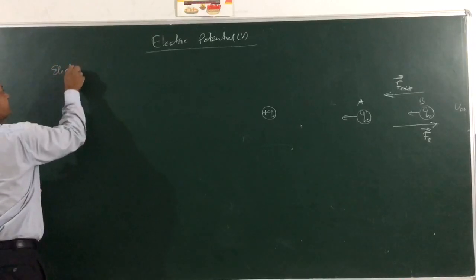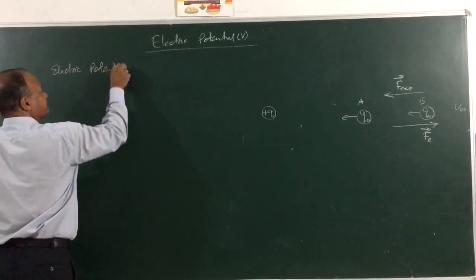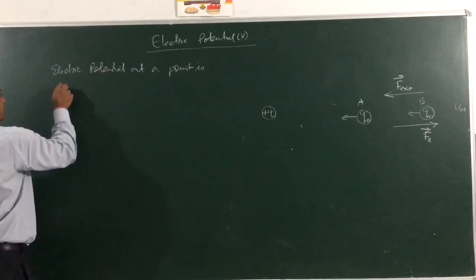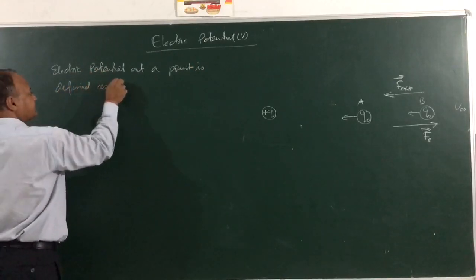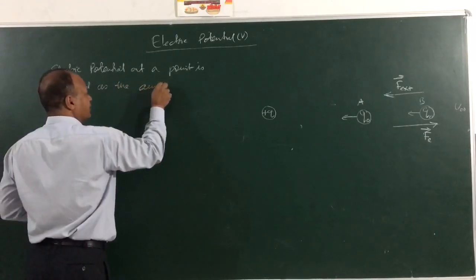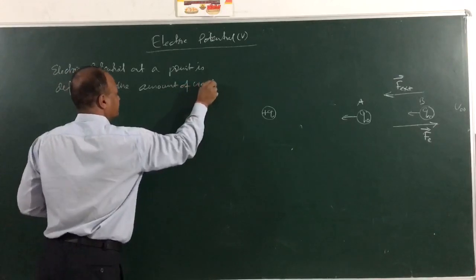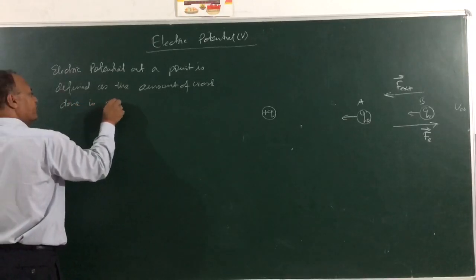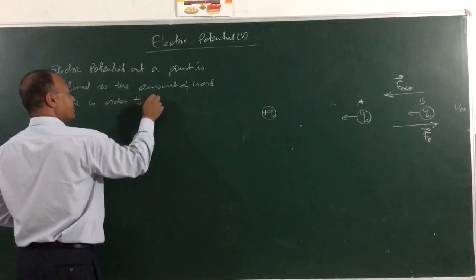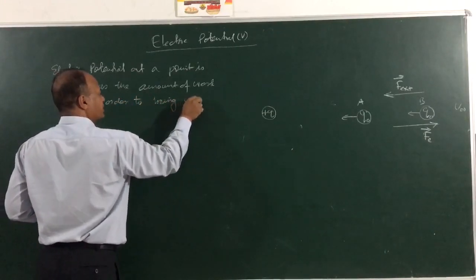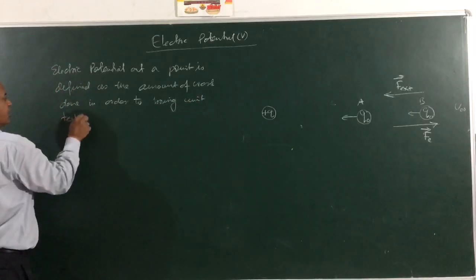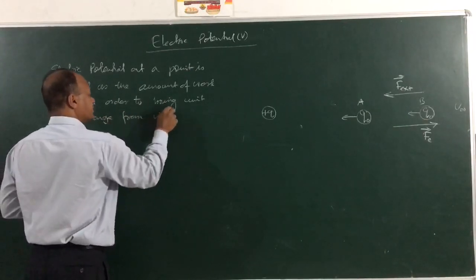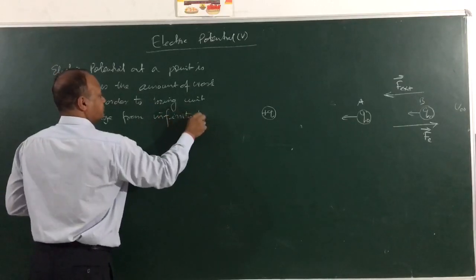So if we use this definition, let's write it here. Electric potential at a point is defined as the amount of work done in order to bring a unit test charge from infinity to the given point.